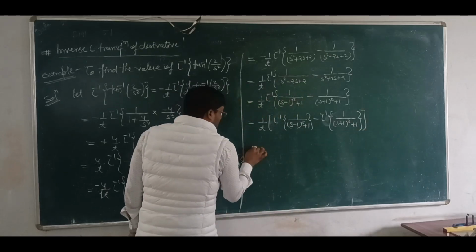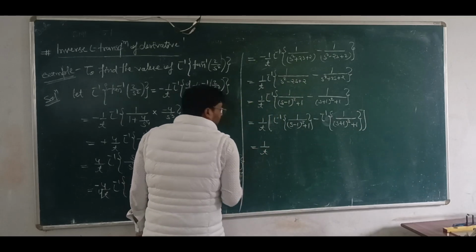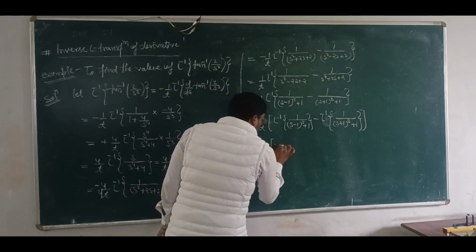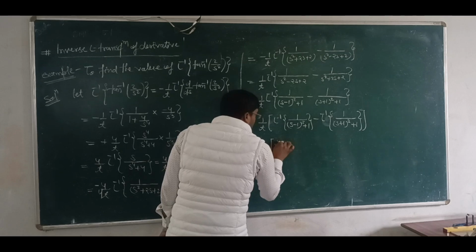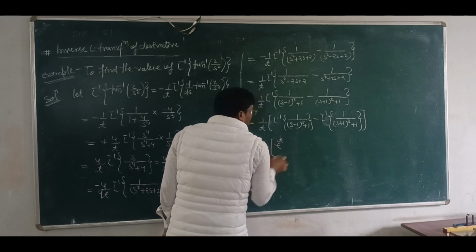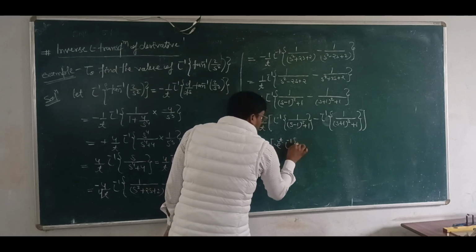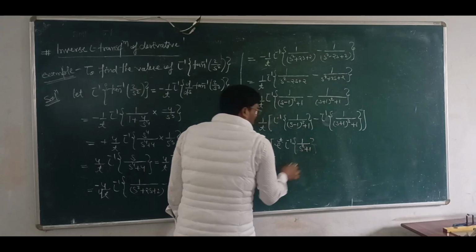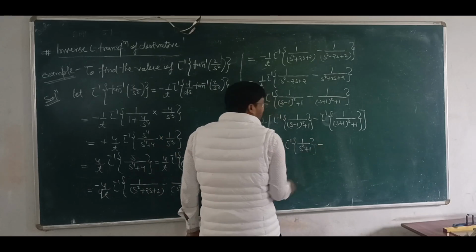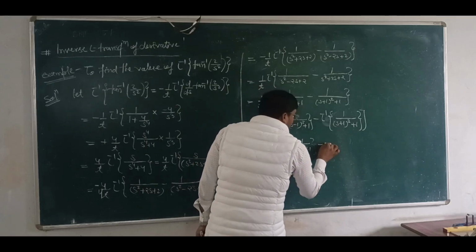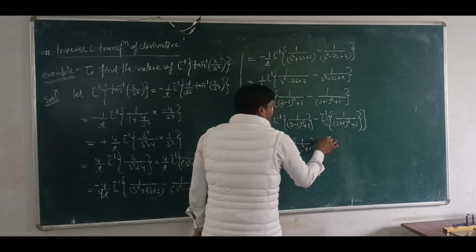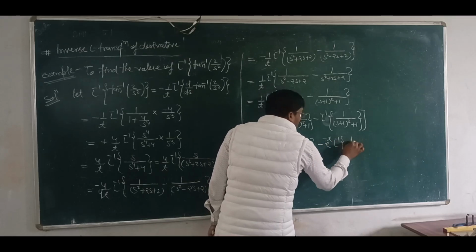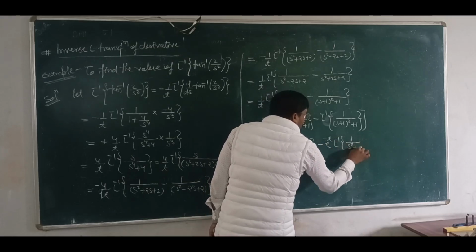Now you can solve this: 1 upon t, this is a function of e to the power t L inverse 1 upon s square plus 1, minus this is a function of e to the power minus t inverse Laplace of 1 upon s square plus 1.